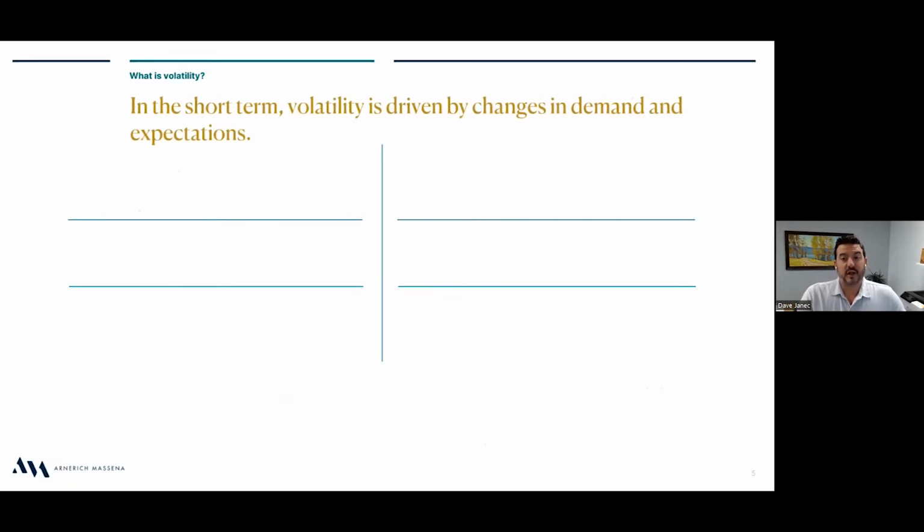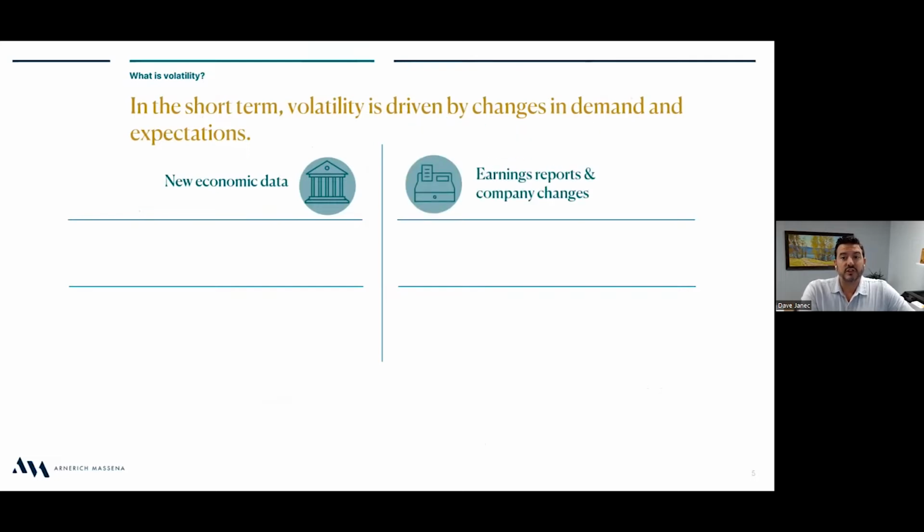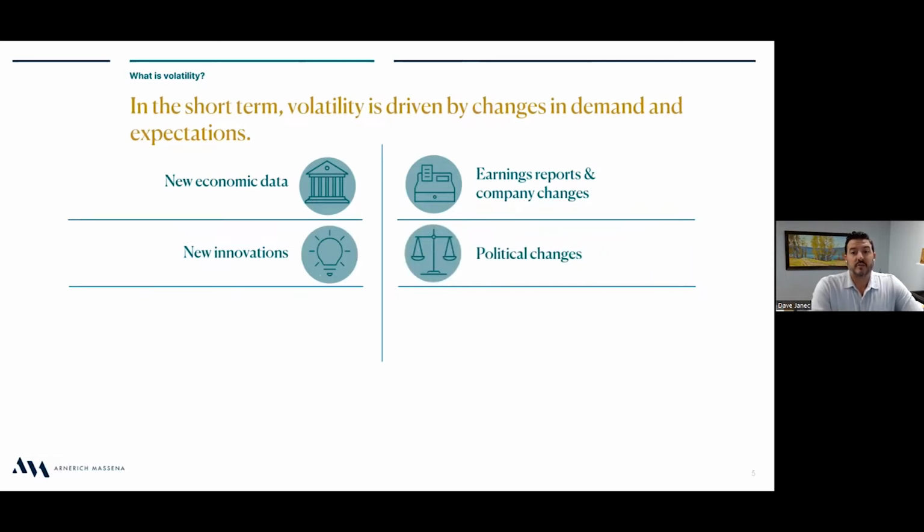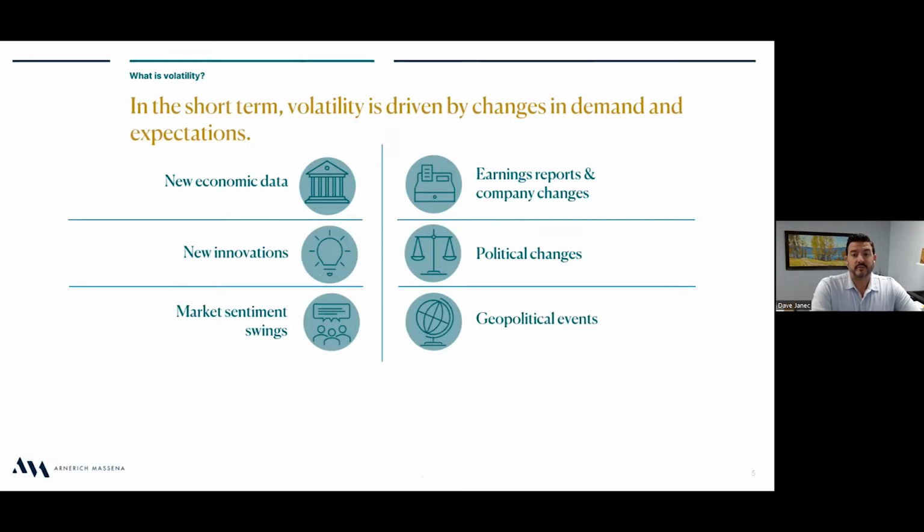Volatility can come from lots of different places, but at its center, volatility is driven by changes in demand and the difference between expectation and reality. It can be introduced by new economic data, earnings reports and company changes, new innovations. It can be introduced by political changes, market sentiment swings, and geopolitical events.